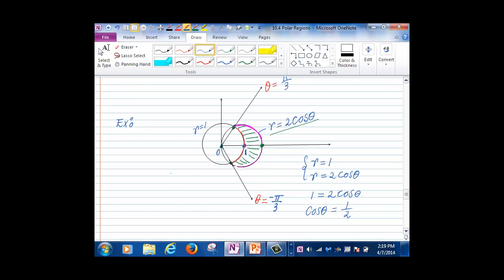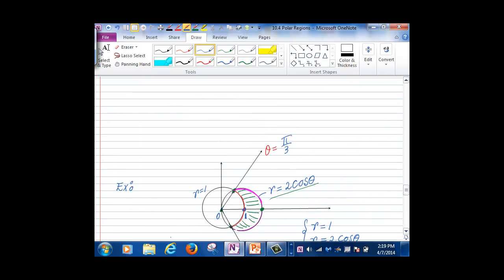So everybody sees how you check that the curve is traced out. Here you're looking at r is 2 cosine theta, right? Sorry, let me change this.